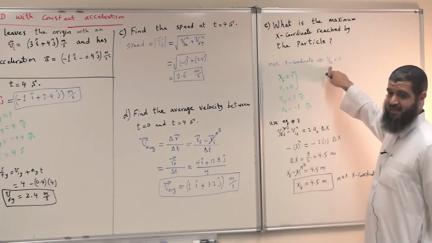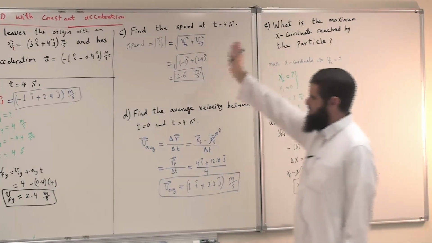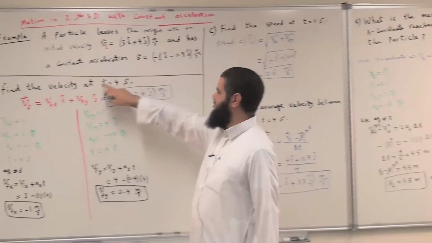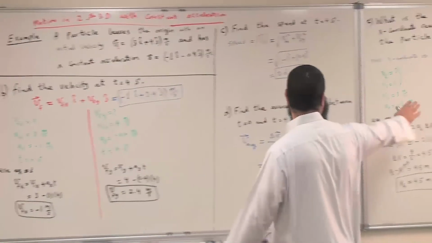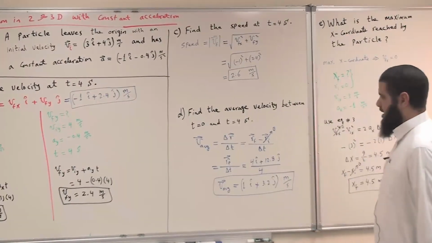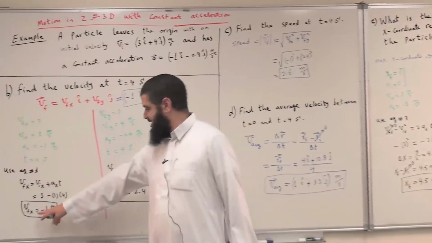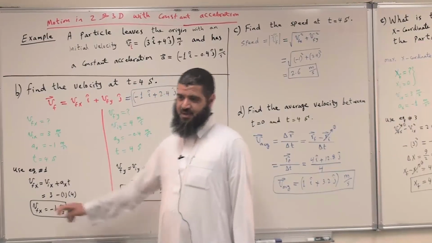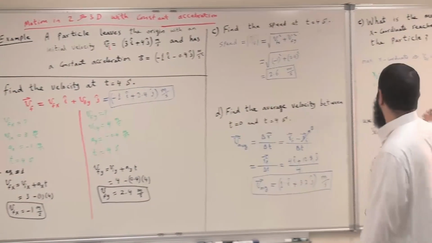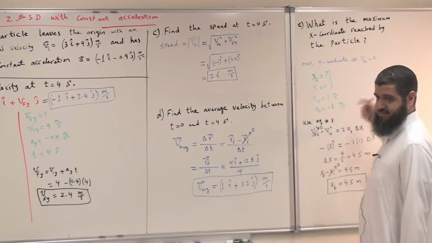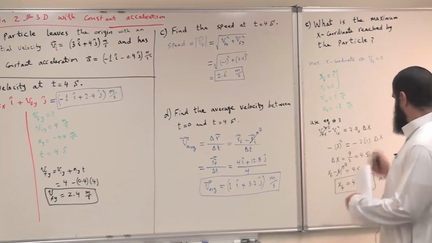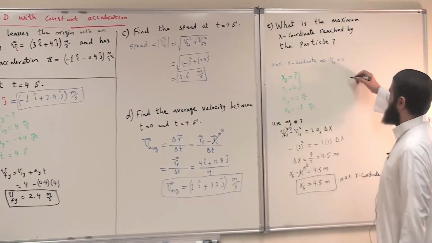After this, what will happen to the x component of the velocity? It will be negative. You notice here at time t equal 4 seconds, at a later time than this one, Vx is a negative value. So here the time is less than 4 seconds. We can find the time. At what time will this happen?